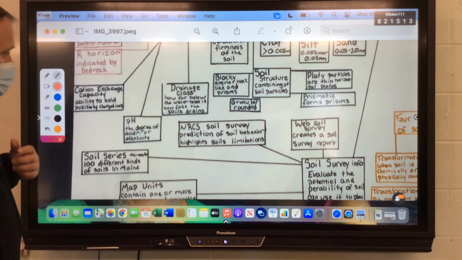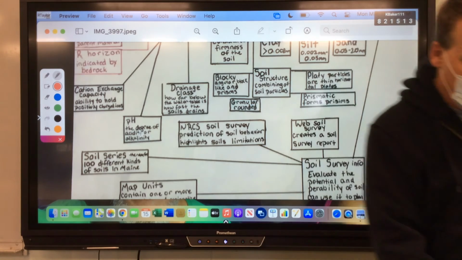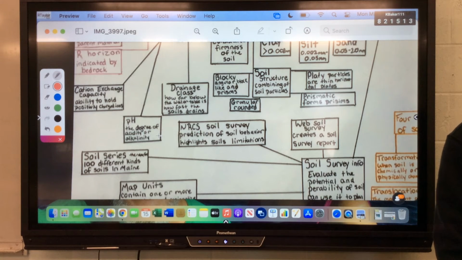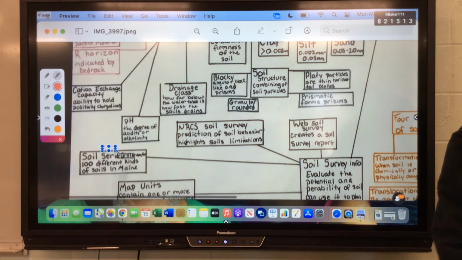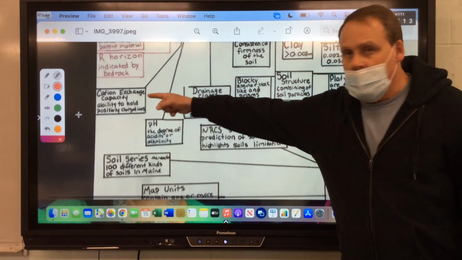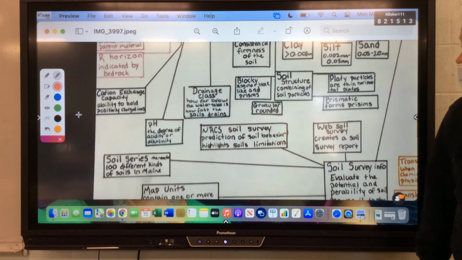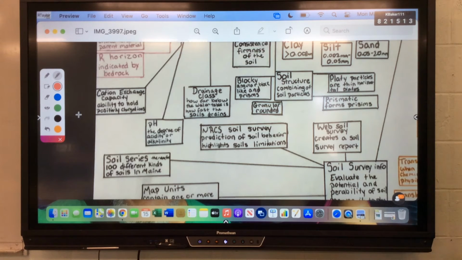All right, we're moving around here. I think the last characteristic that we have yet to talk about is this thing called cation exchange capacity. Whew. So does anybody know what an ion is? Owen. It is an atom or molecule that has gained or lost an electron.